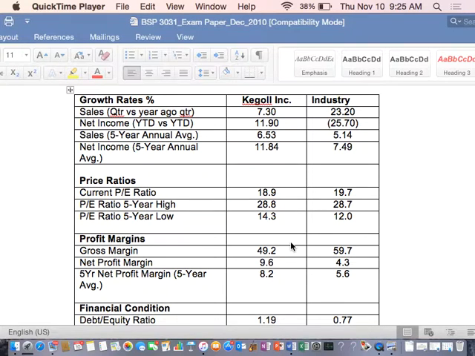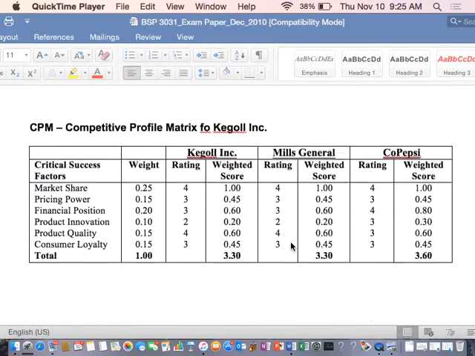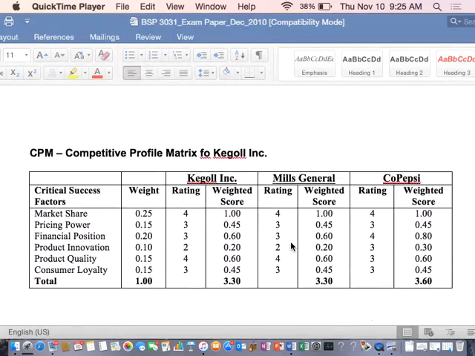When I look at their net profit in the current year, they seem to be doing much better than the industry. And you put that in your analysis, so folks, if something like this comes in the exam, you could indicate that when you assess the financial ratios, you realize that Kigal seems to be performing in terms of its profitability much better than the industry.